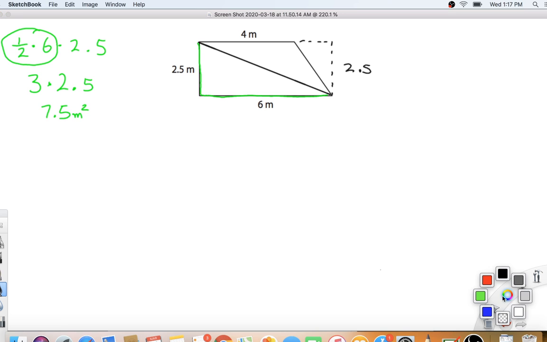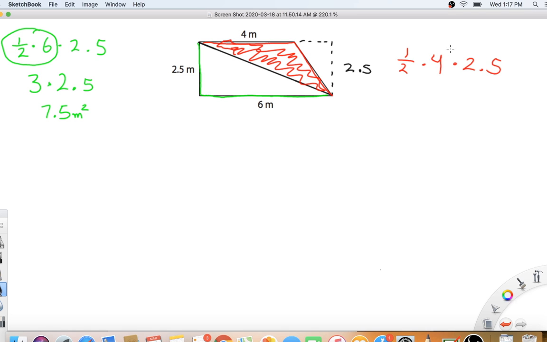Now I need to find the area for my second triangle. So my second triangle, the area we're looking for is this triangle right here. This one right here. Like all this area right here inside, all of this. So for this one, it's going to be 1/2 times 4. Again, getting half of 4 is much easier.